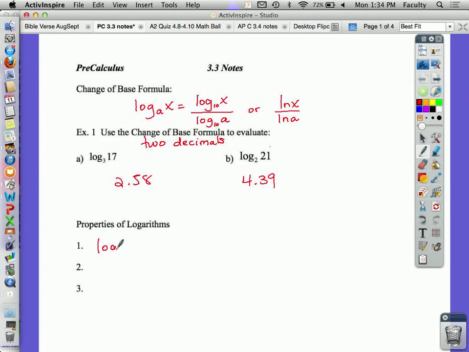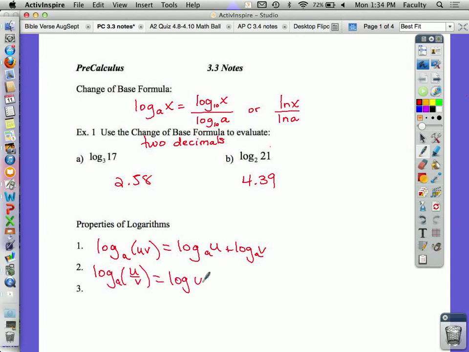All right, properties of logarithms. Our book uses u and v. So the log of u times v base a would be log u base a plus log v base a. That's called the product property. Then we have the log of u divided by v base a.